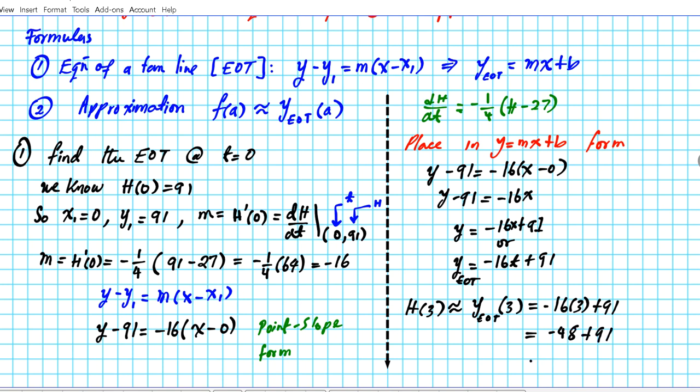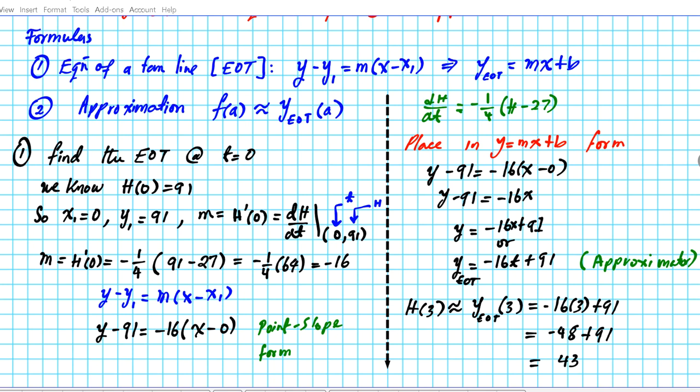If you work that out, your final answer is going to be 43. So this slope-intercept form of the equation of the line is our approximator. All right, so that's that.